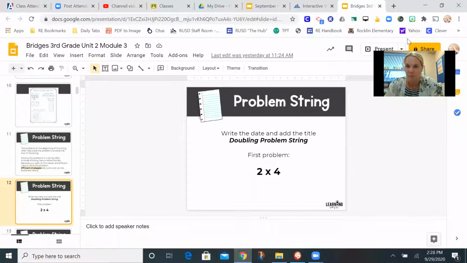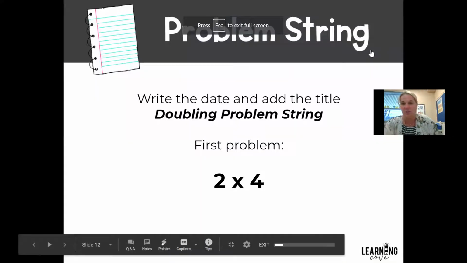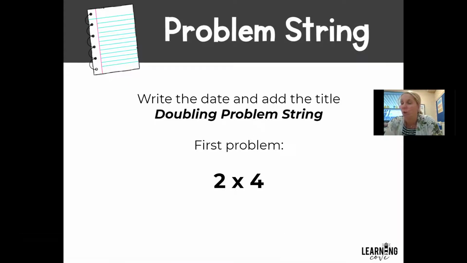So we'll start here. The first problem I'm going to ask you to do is 2 times 4. 2 groups of 4, or 4 groups of 2. I'm guessing that you're probably drawing a picture maybe.